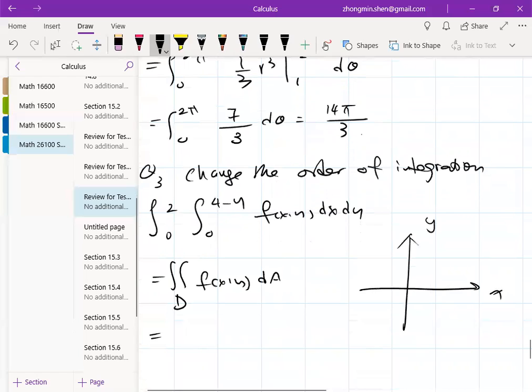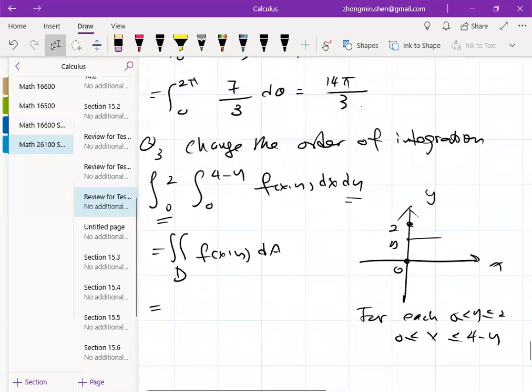How do you do that? You look at this, y is outside, right? That means y is between 0 and 2. For every y, you draw a horizontal line. For each y between 0 and 2, x is between 0 and 4 minus y. So x equals 4 minus y, let's look at that.